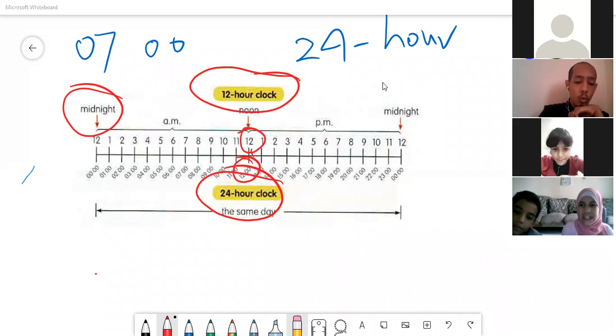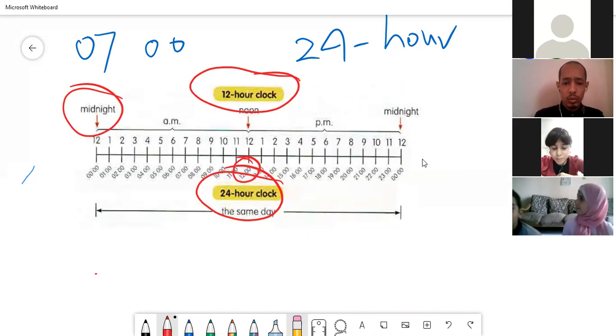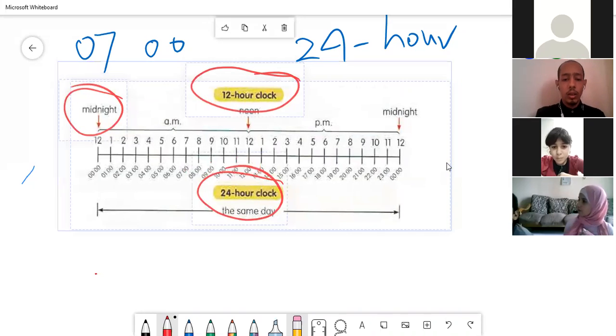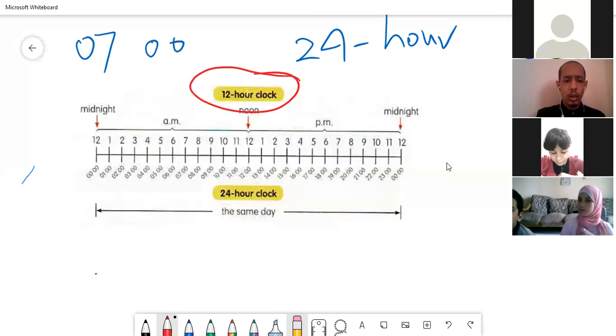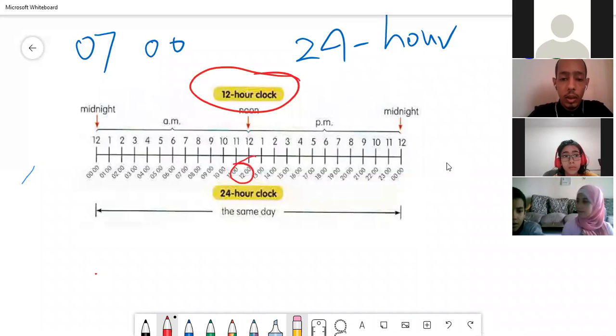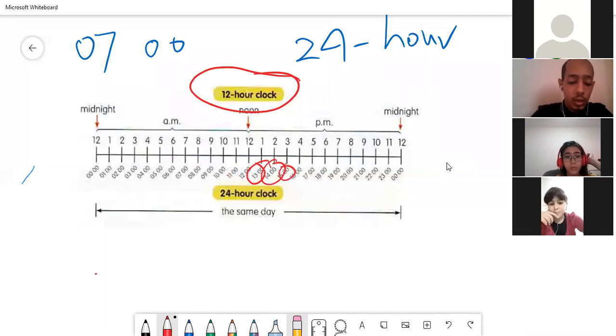Right? Then what's going to happen after the 12 in the 24-hour clock? It is going to be 13, 14, 15, and so on.